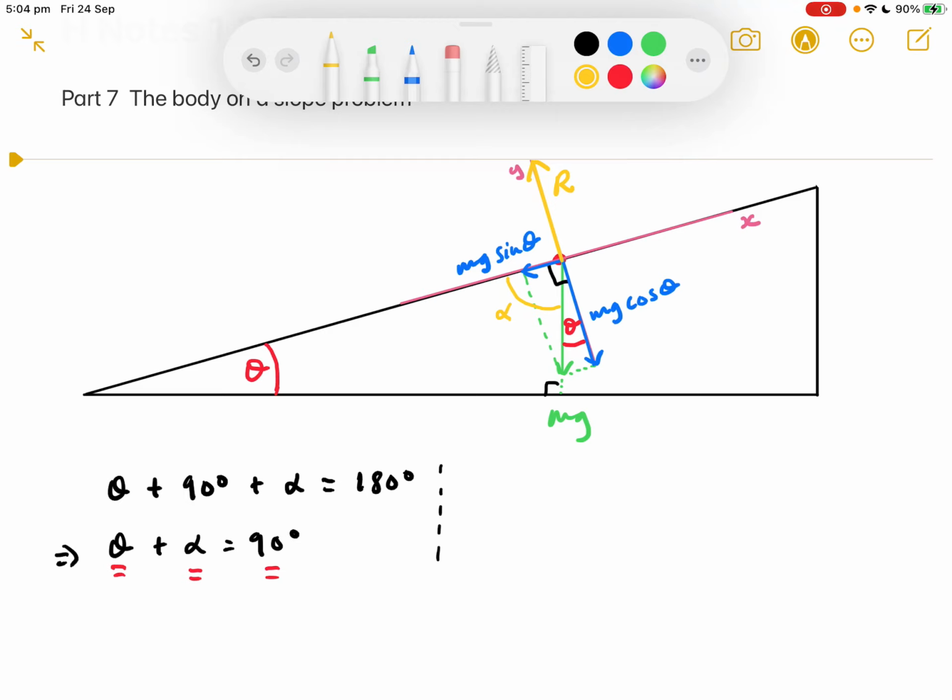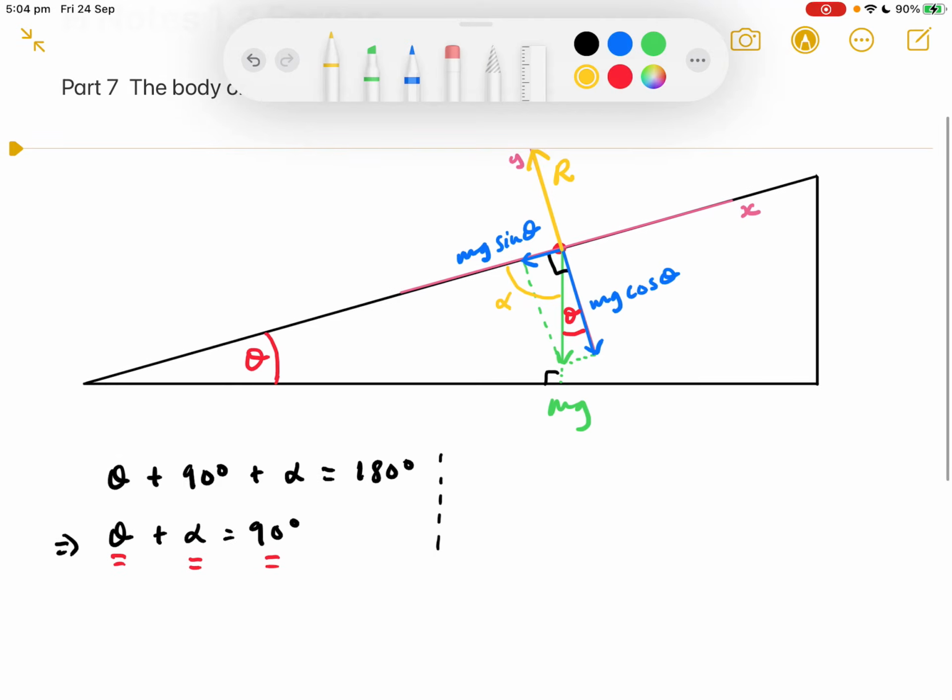But if you look at the x direction, that's the parallel to the slope direction, we've got mg sine theta down the slope. Okay, so that really is the key bit of learning here.